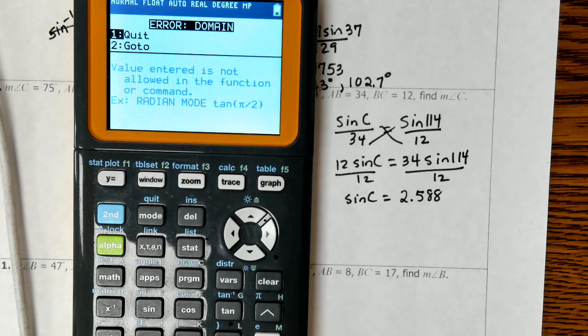The error message exists because if you think about our unit circle, don't we only go out 1 unit and up 1 unit and left 1 unit and down 1 unit? Well, this one's at 2.5. You've gone past.